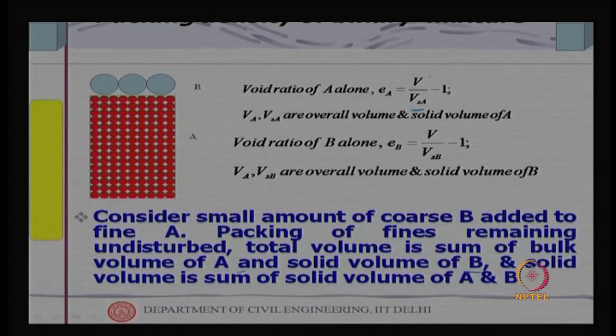So, total volume will be bulk volume of A plus solid volume of B, and volume of solid is the sum of solid volume of A plus solid volume of B.